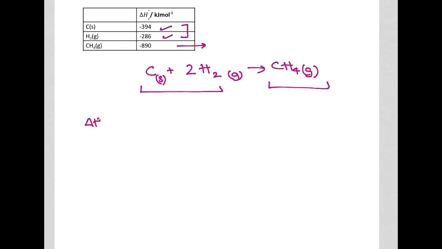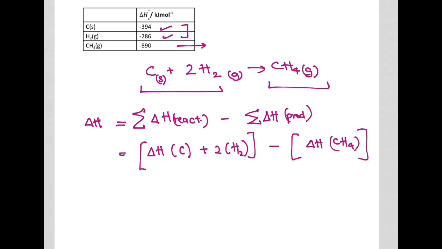You have the enthalpy of combustion of the reactants and the enthalpy of combustion of the products. So delta H of this reaction is the sum of the enthalpy of combustion of reactants minus the sum of the enthalpy of combustion of products. You will see that I always write these because it can be very easy to make mistakes in these questions because of the signs involved. So I always write these so that I can check my answer after I've done the question.